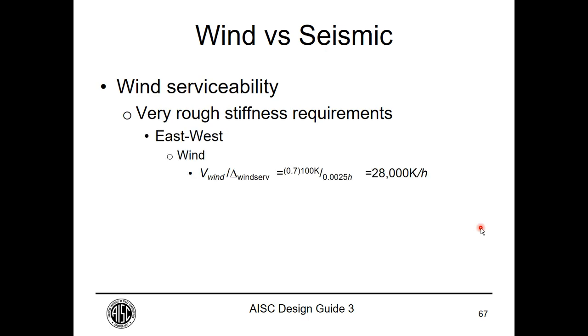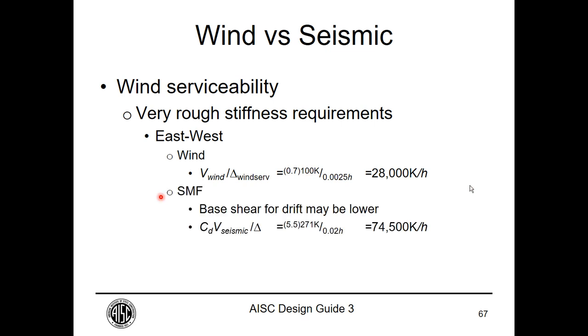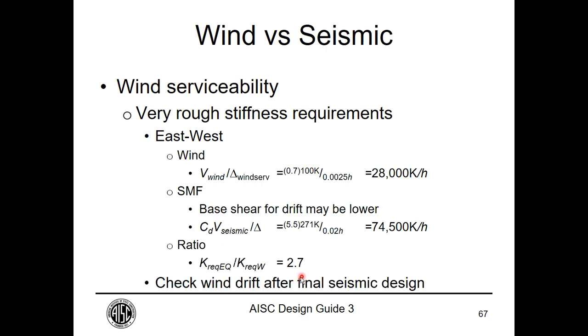In the east-west direction, it's similar. Our base shear is lower. And then for the special moment frame, again, the C sub D factor comes into it, and we have a factor of 2.7. So for this direction, if we meet the seismic drift limit, we're guessing that we'll meet the wind drift limit probably by a factor of 2.5 or so.